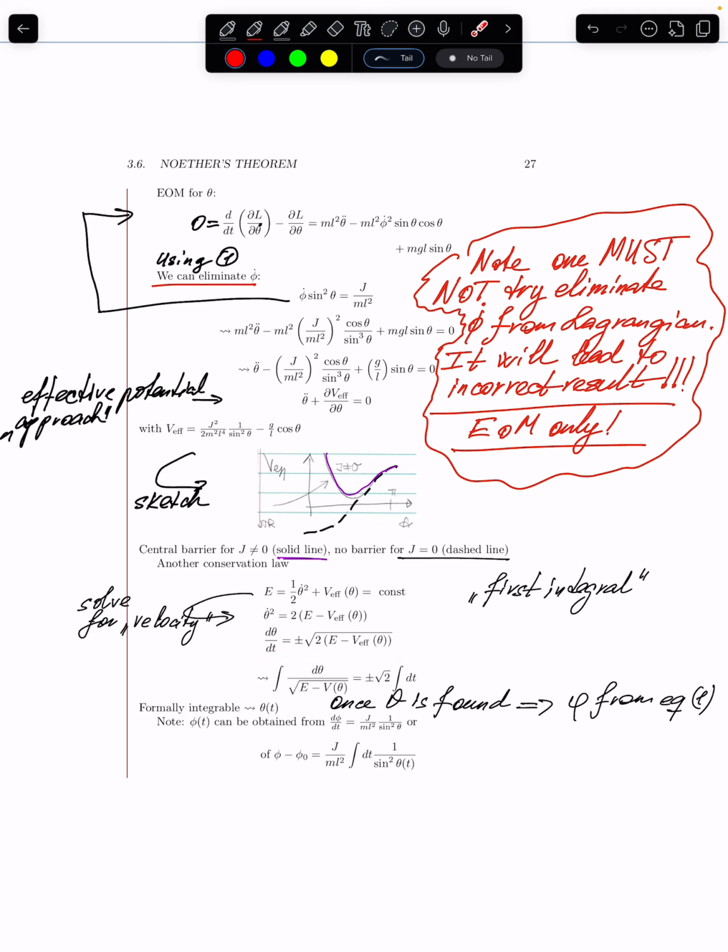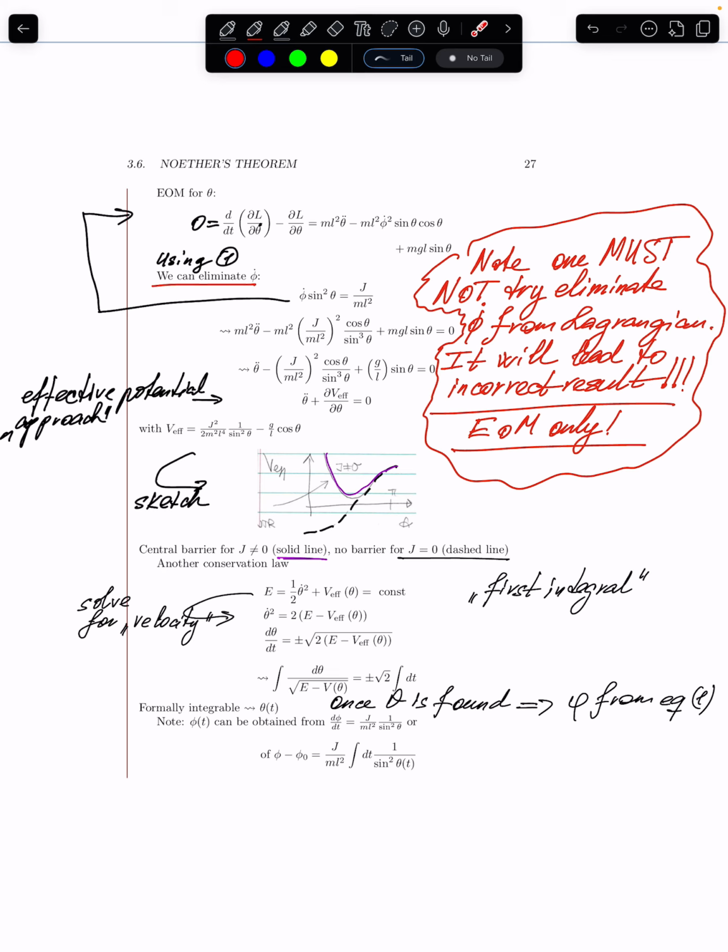You can see that if my initial conditions at 0 velocity were given somewhere over here, so the initial energy was given, we'll call it E here, the same E as in this point, then the positions where my effective potential crosses this line at the given E will define the positions at which my velocity turns to 0.